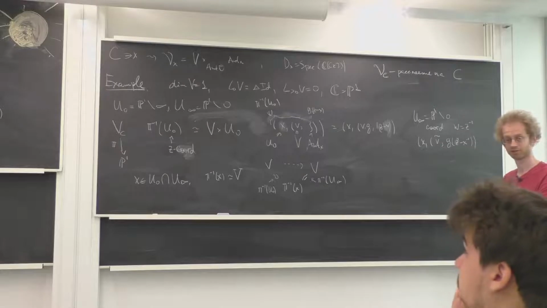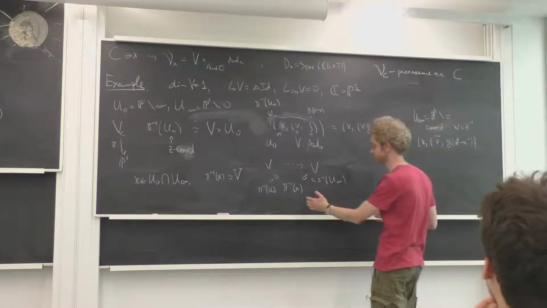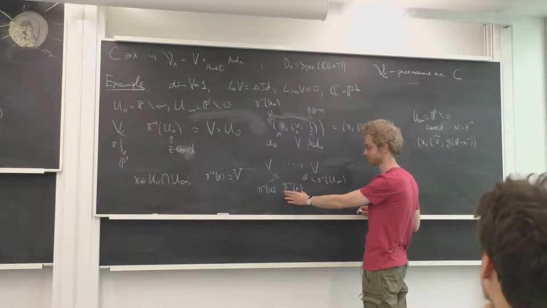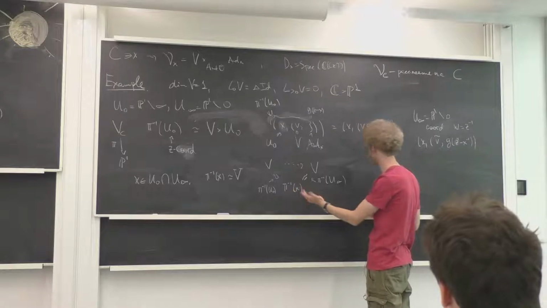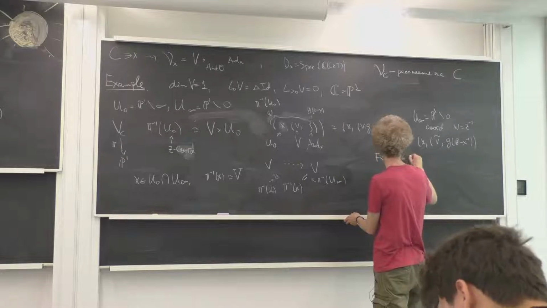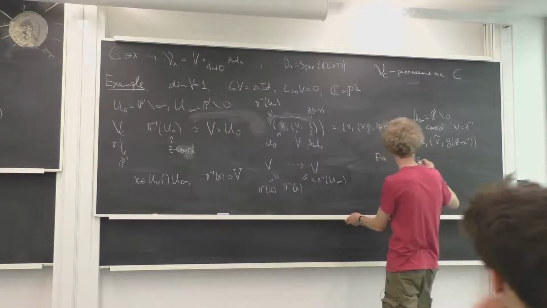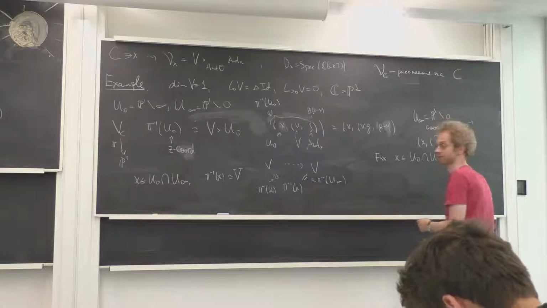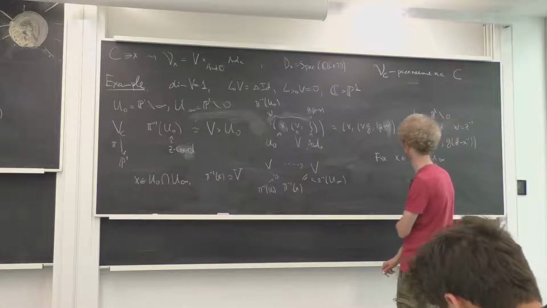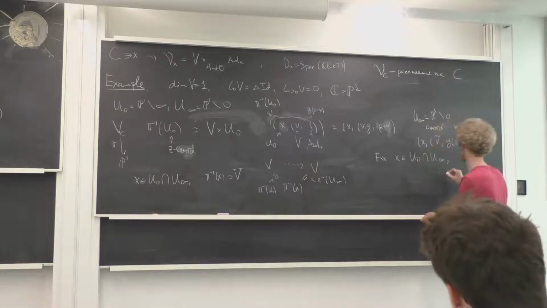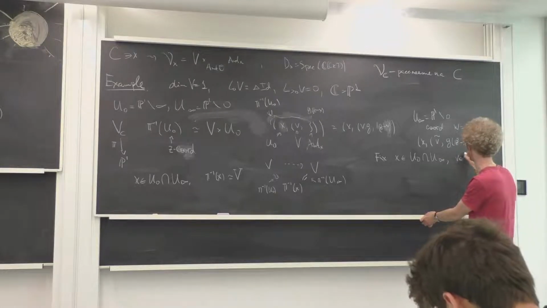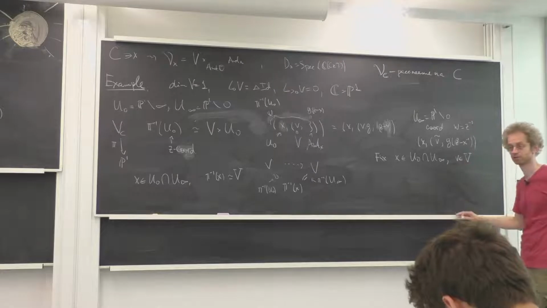Yes, exactly. So we have to take one point here and then identify. So there are two ways. We fix x in the intersection. I did write it already. And then we fix x from here and v from V, just one vector.